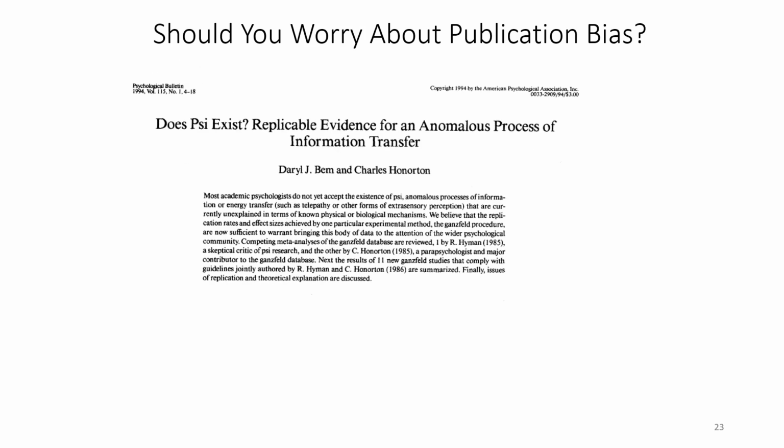So back in 1994, Bem and Honorton published this piece about ESP, and they ended up concluding that it exists. Would you worry about publication bias there? I think I would be worried about it in that instance. So in other instances, I don't think I would be as worried.